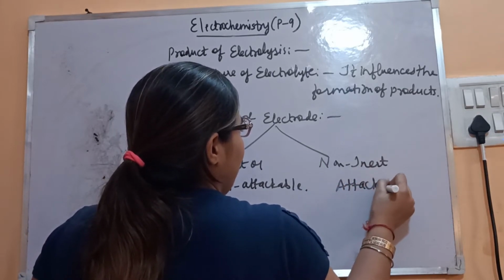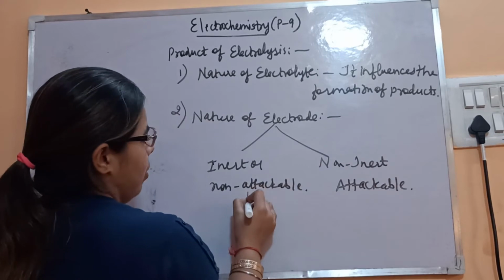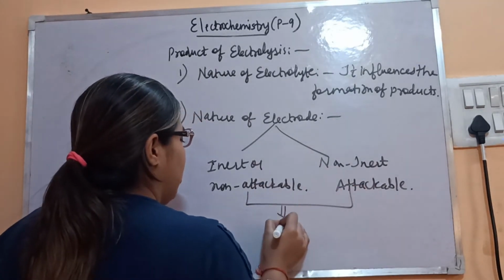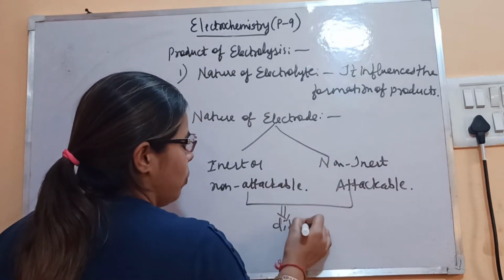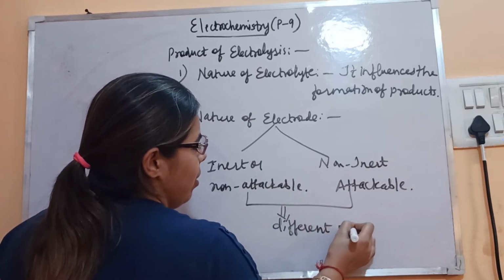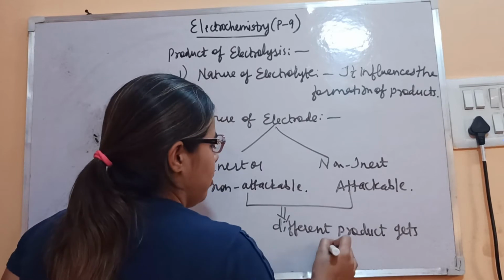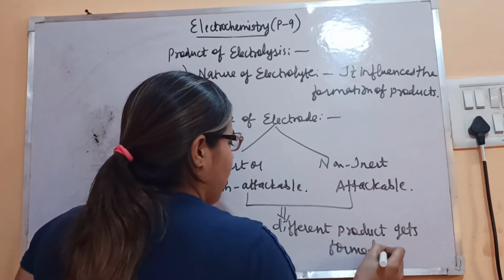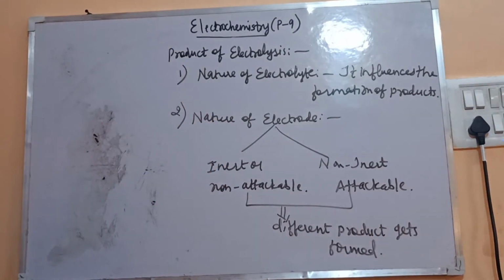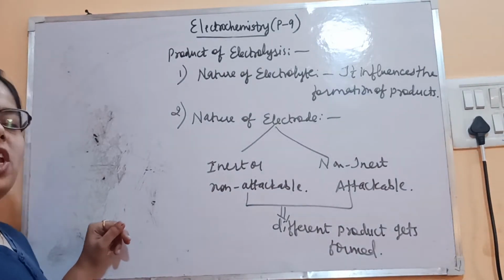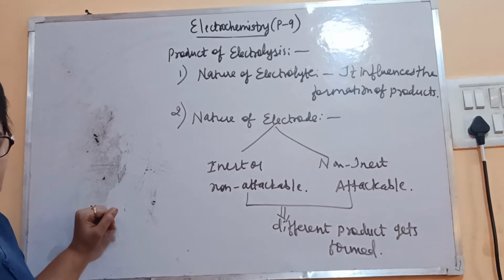So different products get formed. Because the inert electrode does not take part in the reaction, but the non-inert electrode, that is the attackable electrode, takes part in the reaction and changes the nature of the products.